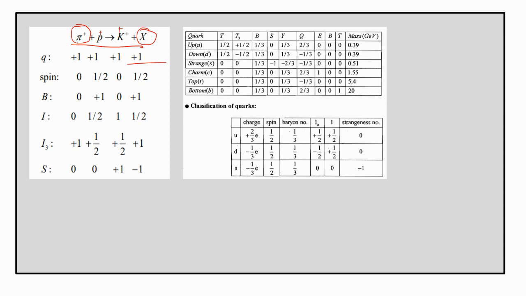And spin: you know the spin of pion is 0 because they are bosons, and for proton it is half, for kaon it is 0, so technically it should have spin 1 by 2.